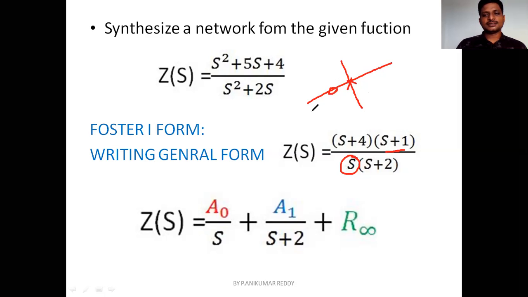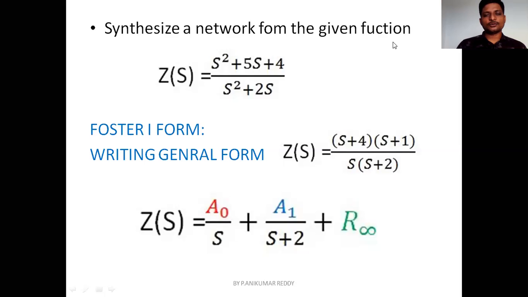Next, s equal to minus 2 is a pole. Next, s equal to minus 4 is a zero. So you are getting pole, zero, pole, zero. So you are getting interlaced poles and zeros on the negative real axis, and also a pole is present at the origin. So the given function is an RC impedance function.